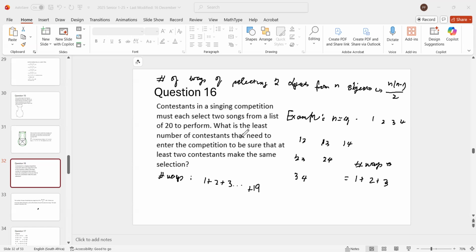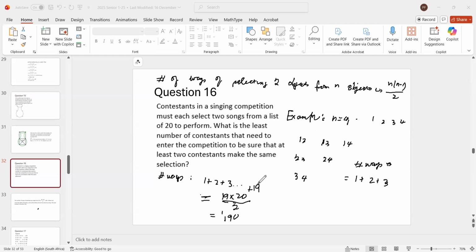Now, what we have done is we counted the total number of ways in which you can select two. And this is a well-known formula. It's 19 times 20 over 2. 2 goes into 20, 10 times, 19 times 10 is 190.